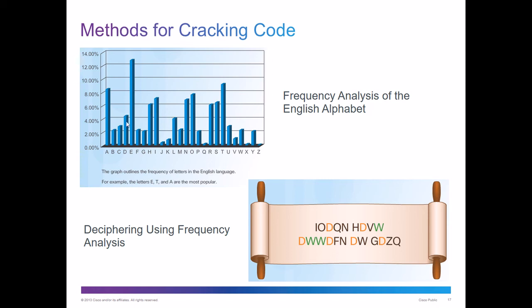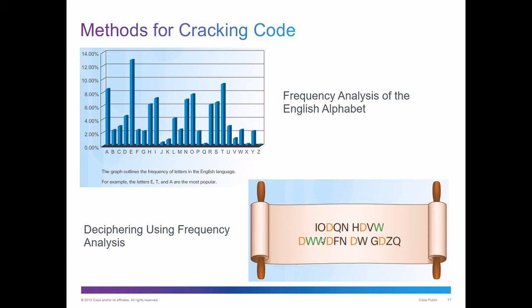We know in the English language, for example, that the letter E appears in a little bit more than 12% of the words. Z or X, there's hardly any words that have the letters Z and X. So whatever you are transmitting, you can figure out depending on the frequency.